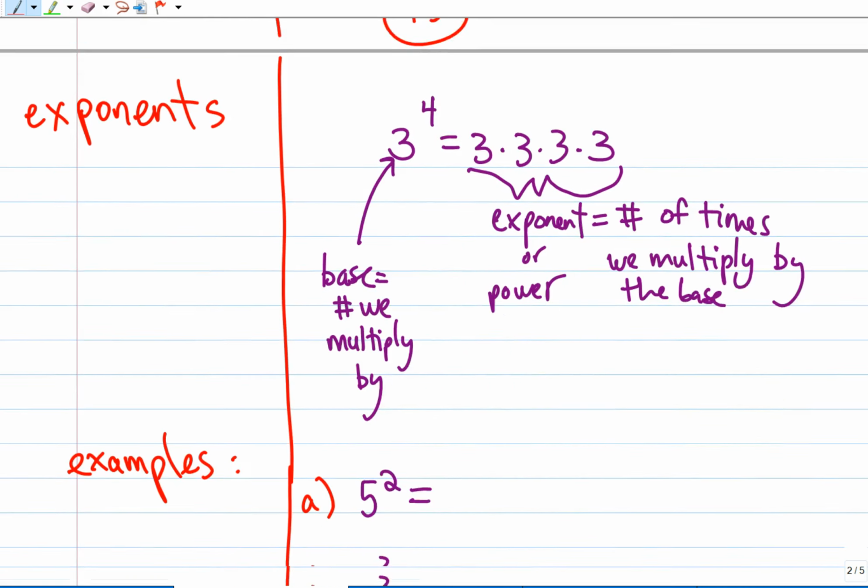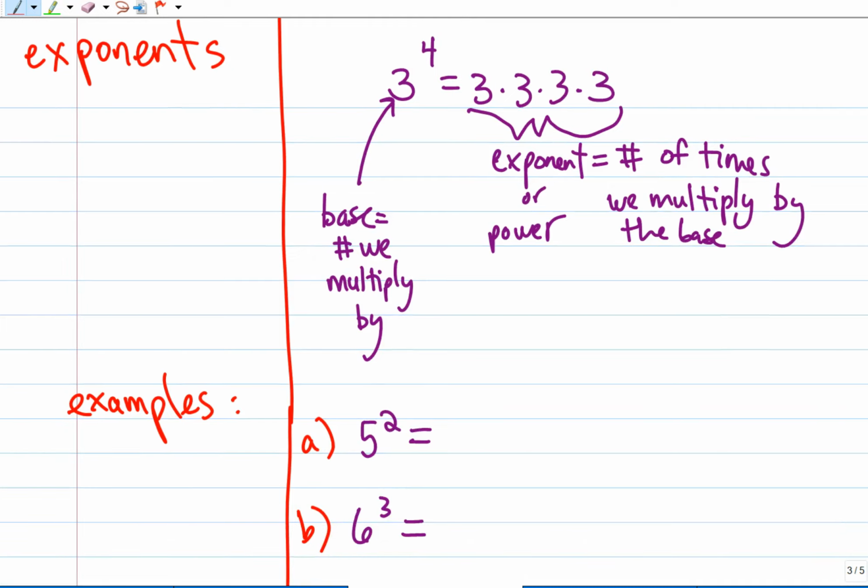Our next topic is going to be on exponents. For exponents, basically we have two parts. We have a base. That counts as the number we are multiplying by. We have an exponent. The exponent is the power, the number of times we multiply by the base.